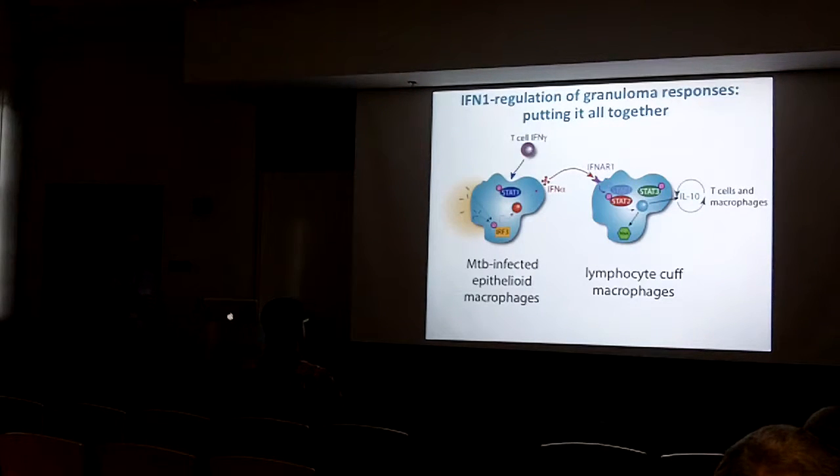And then that results in expression of interferon-responsive genes, such as MXA, or MX1 as it's sometimes called, or IL-10. And IL-10 is acting on macrophages and T cells in this environment and can undergo sort of an autocrine loop. But one thing it can also do is shut down that interferon gamma-producing cell that's activating the epithelioid macrophage.